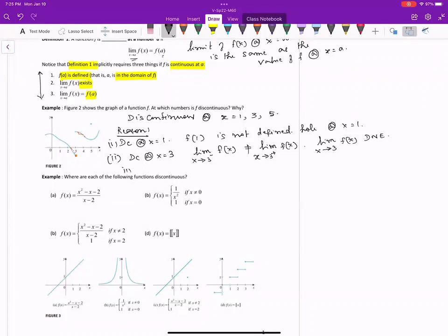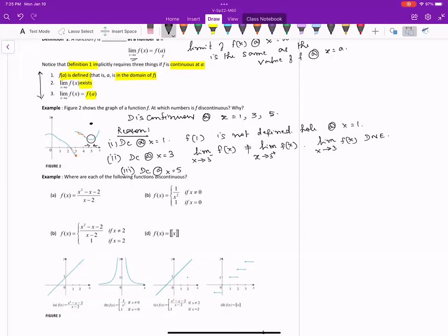The third discontinuity, x equal to 5. What is happening there? As x approaches 5 from the left and the right, f of x approaches this number, but the limiting value is not equal to the functional value. At 5, there is a solid dot which has a value, but the limit value is not equal to the functional value.